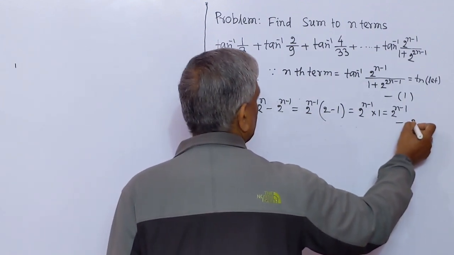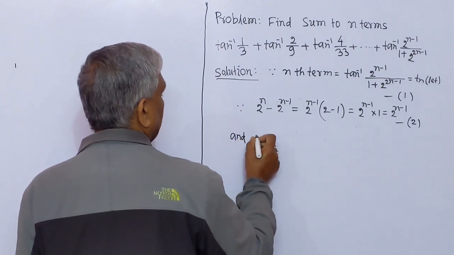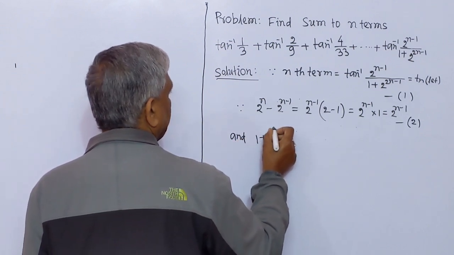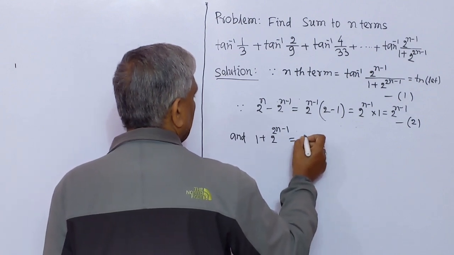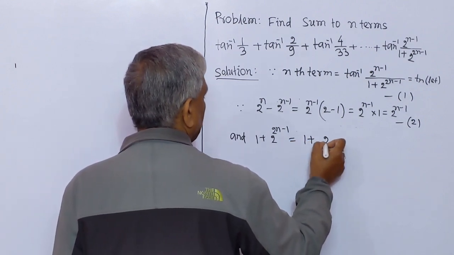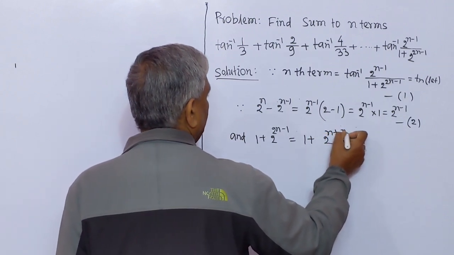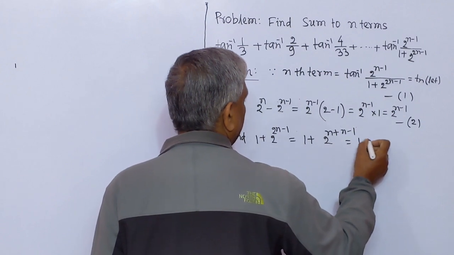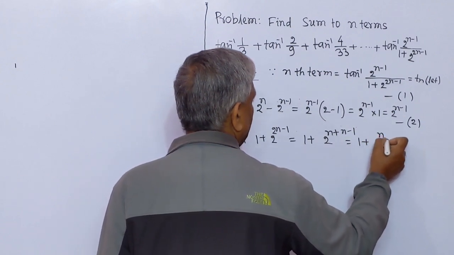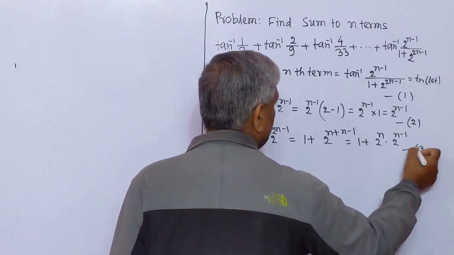This is number 2. And 1 plus 2 to the power 2n minus 1, we may write this as 1 plus 2 to the power n plus n minus 1. And we may write this as 1 plus 2 to the power n multiply 2 to the power n minus 1. This is number 3.